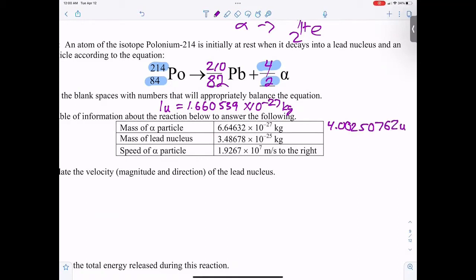Now, how I got that again, I take this mass right here, 6.64632 times 10 to the negative 27 kilograms, and I multiply that by 1 atomic mass unit is equal to that, right?